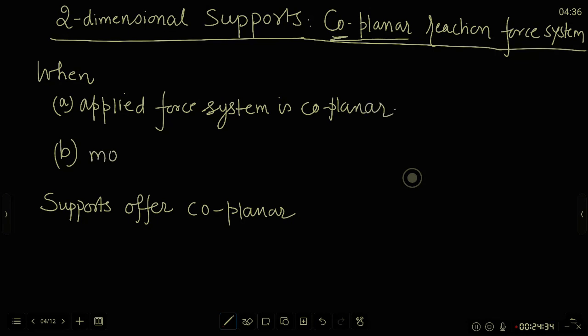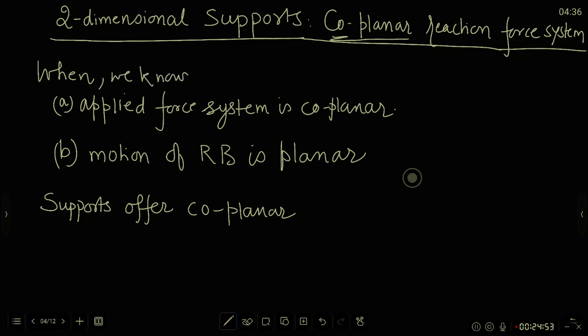What is planar motion? I have defined it 4-5 classes ago. When we know that the applied force system is coplanar and the motion of the rigid body is planar, supports will also offer coplanar reaction force systems.